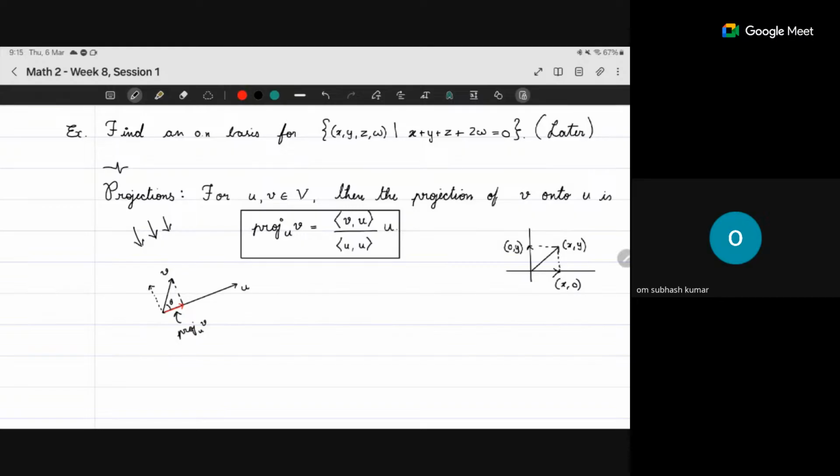So this red vector plus this dotted black vector are the two components. One component is along u, one component is perpendicular to u, similar to along the x-axis and perpendicular to the x-axis. It is the same parallel, but here we are doing it for arbitrary vectors. Okay.